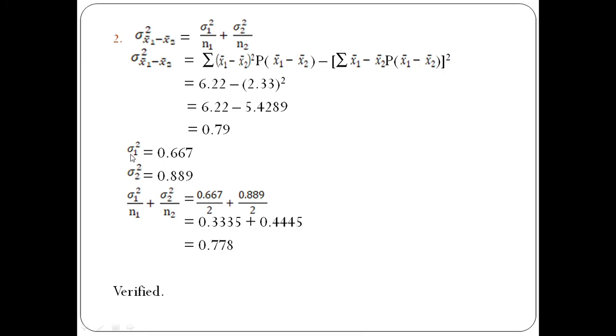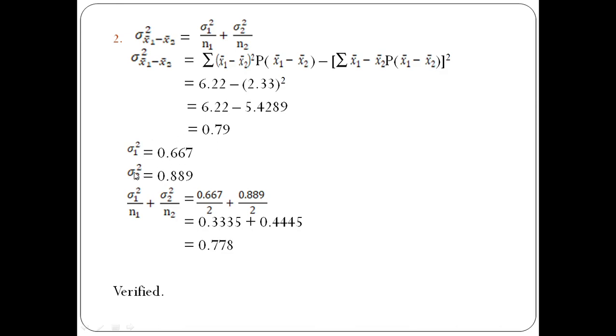Now for the sigma 1 square, I have written the values directly because in the last lecture I discussed this in detail. If you listen to the last lecture, the eighth lecture, you will get it in detail, or if you study the book, it is more clear.